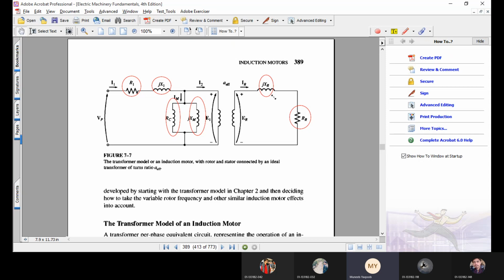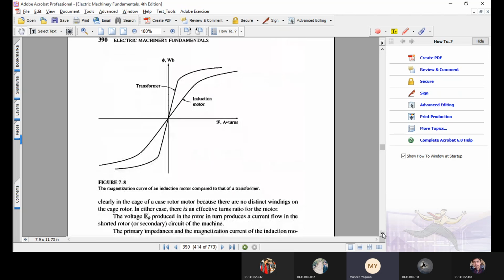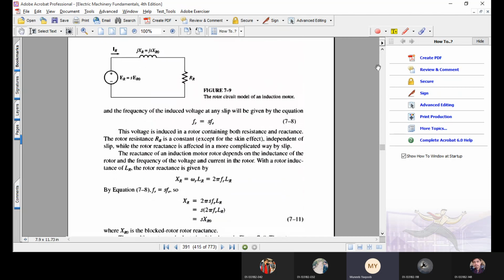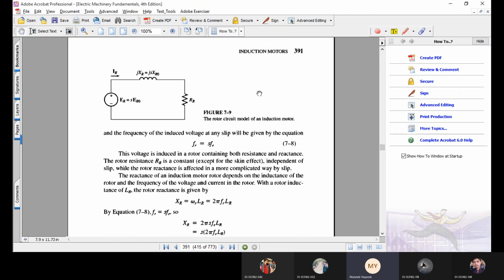So to incorporate this frequency change of the rotor, we will only consider the rotor circuit for the change. Stator circuits remain the same. For the rotor circuit, if we draw the circuit of the rotor, it would be just like this.